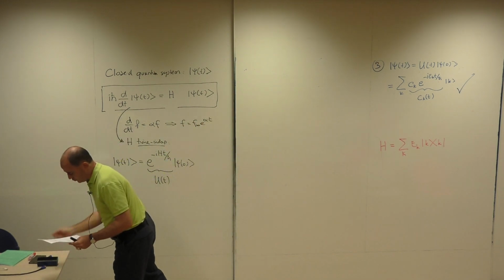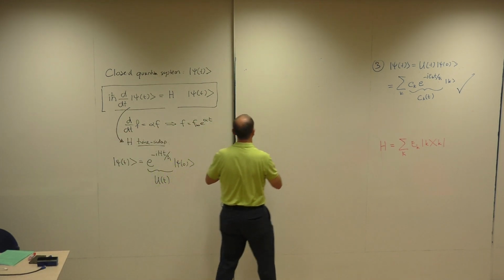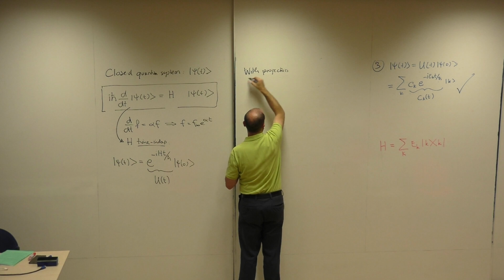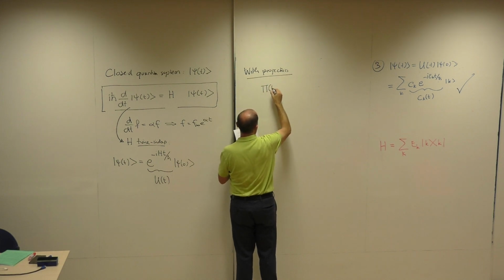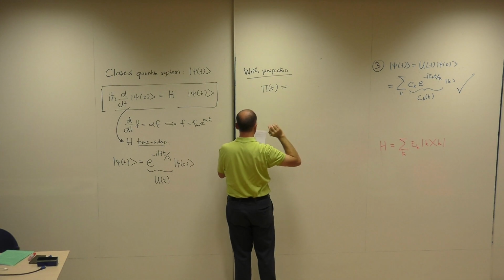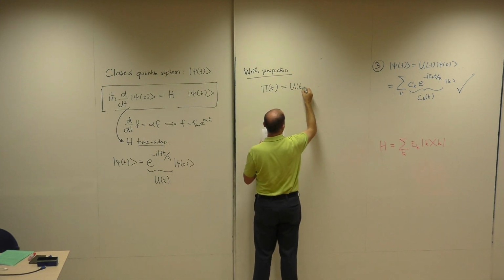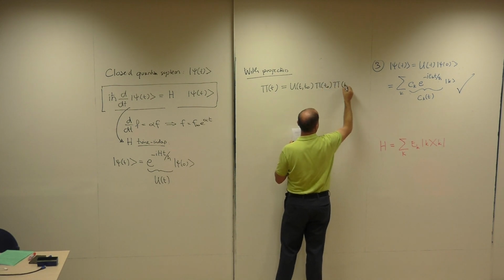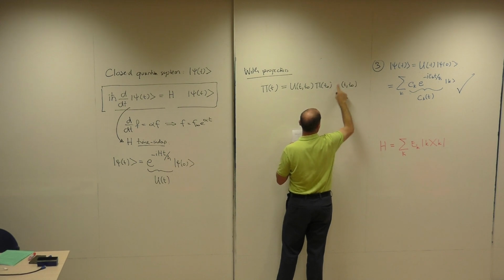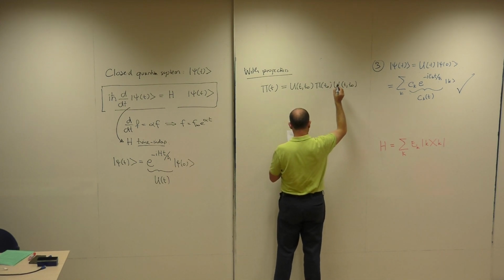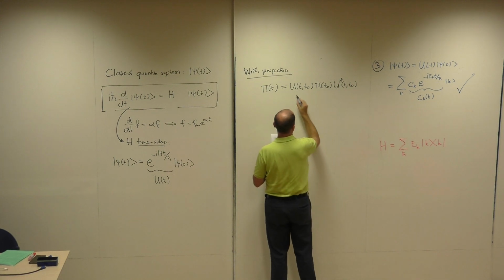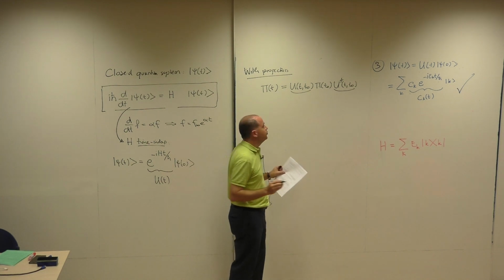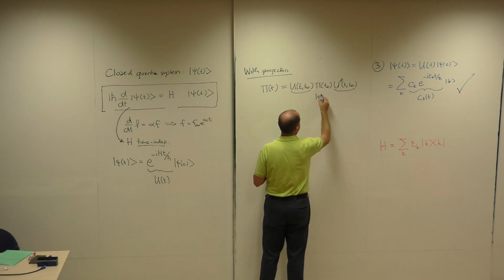So if I try to do the evolution of a projector, well, first of all, the formal solution looks something like this. Sorry, U dagger. So, well, essentially, you say, wow, why are there two U's? Well, I mean, come on, this is psi, right?